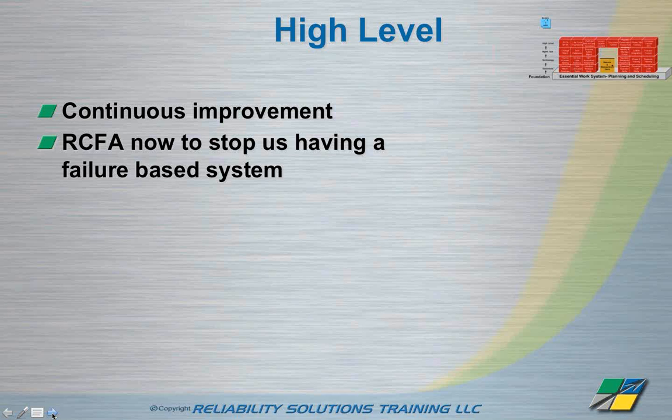So you set yourself up to build a failure-based system. So we prefer to use ASD to drive that, to anticipate the failures instead of waiting till they occur. And then once we've anticipated the failure, put a strategy in place to prevent it. So we just do that slightly differently.